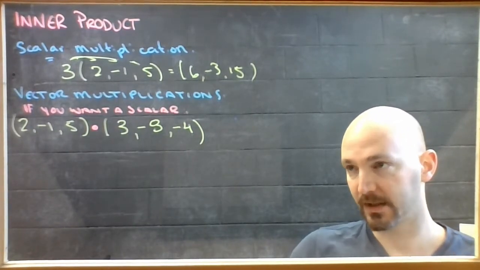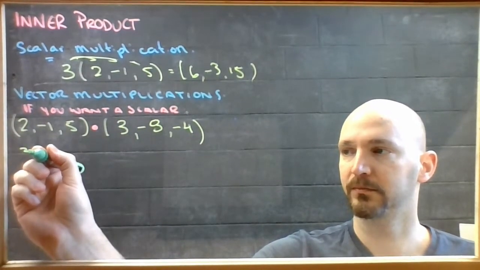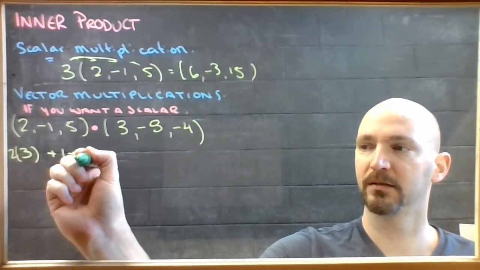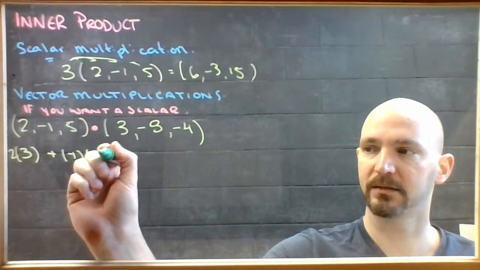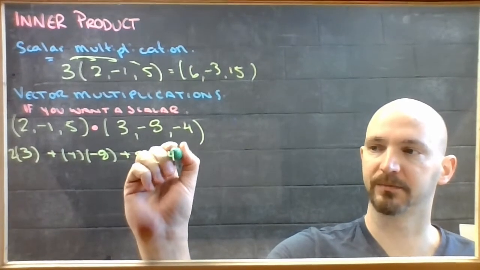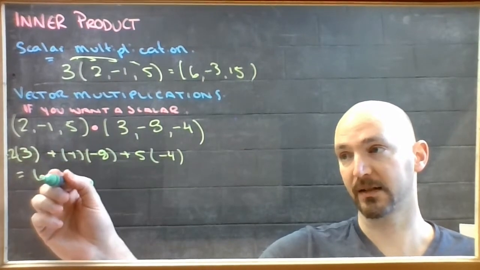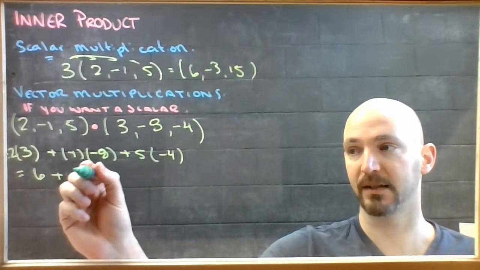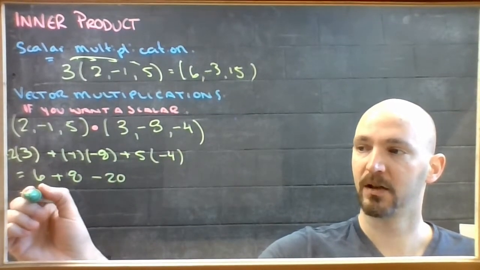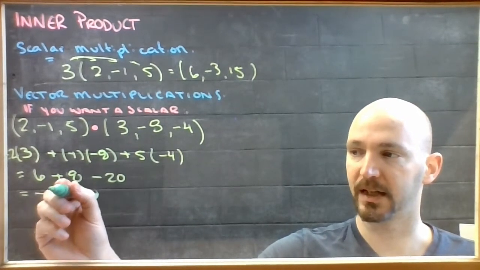In this example, I would have 2 times 3 plus -1 times -8 plus 5 times -4. So 2 times 3 is 6, -1 times -8 is 8, and 5 times -4 is -20, for a grand total of 6 and 8 is 14, minus 20 would be -6.